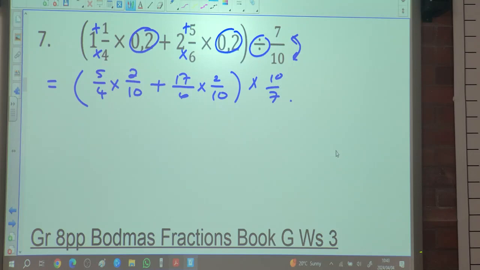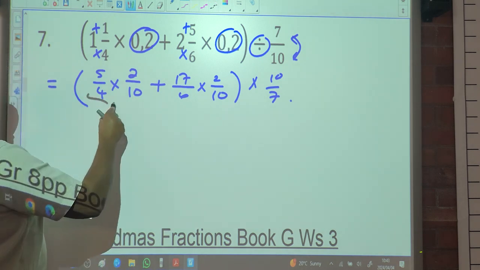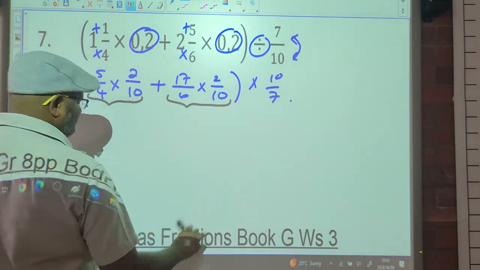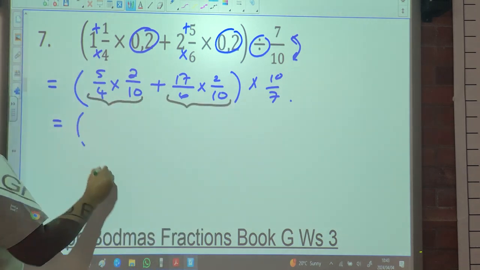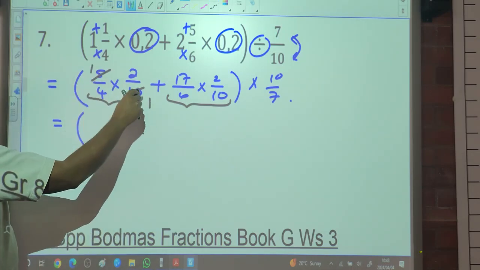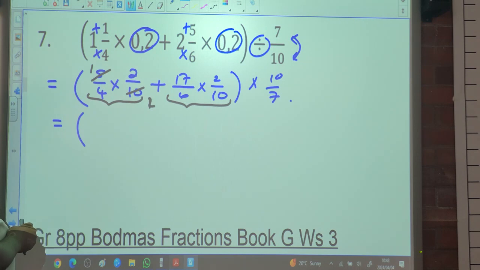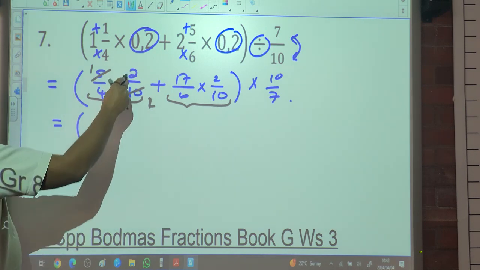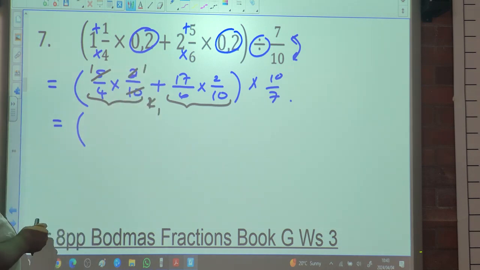Now what do we do? Inside the bracket, what do we do first? Multiply. But what do we do? We simplify before we multiply. So 5 goes into 5 once. 5 goes into 10 twice. 2 goes into 2 once. You all agree with that?